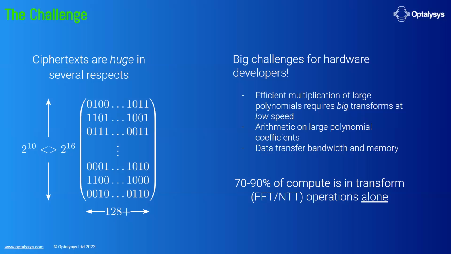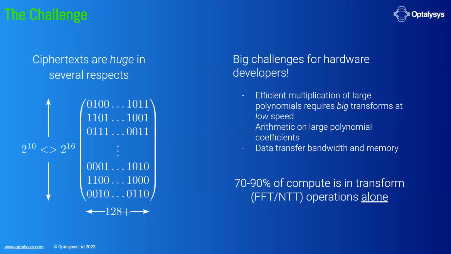It is, however, worth noting that the reason we are performing operations on polynomials is not accidental. It's a conscious decision on the part of cryptographers, as this allows us to leverage a more efficient multiplication method through convolution, which is accomplished through transform operations.